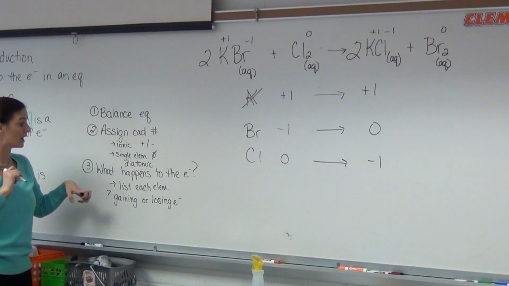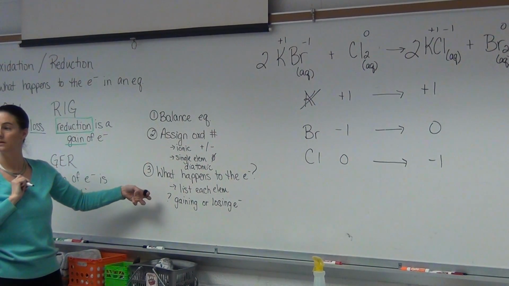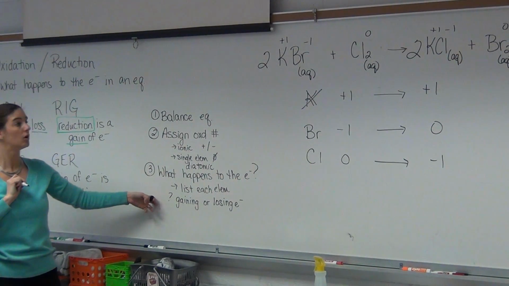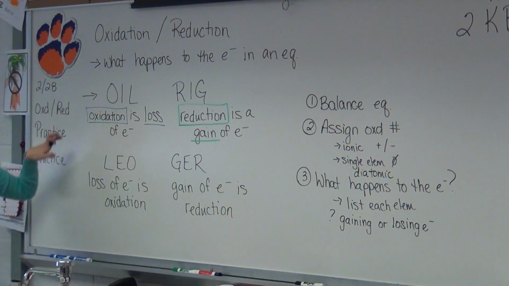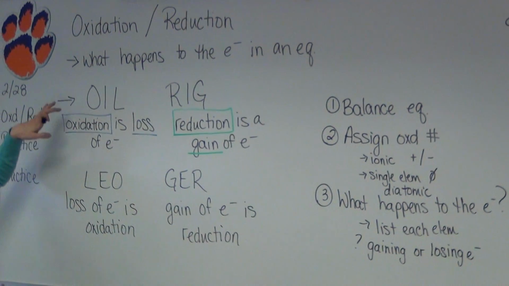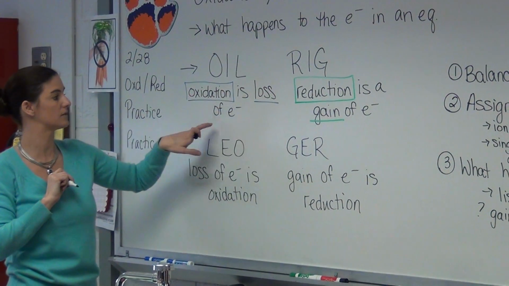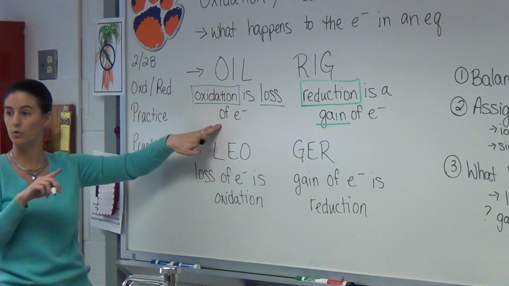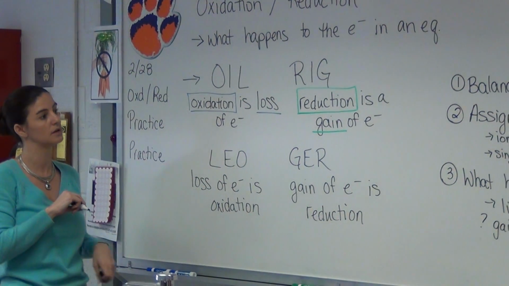So now we're going to ask, are we gaining the electrons or are we losing the electrons? Go back to our mnemonic devices, whichever one you want to use. OIL RIG. Oxidation is loss of electrons, or you can use the word first: loss of electrons is oxidation.